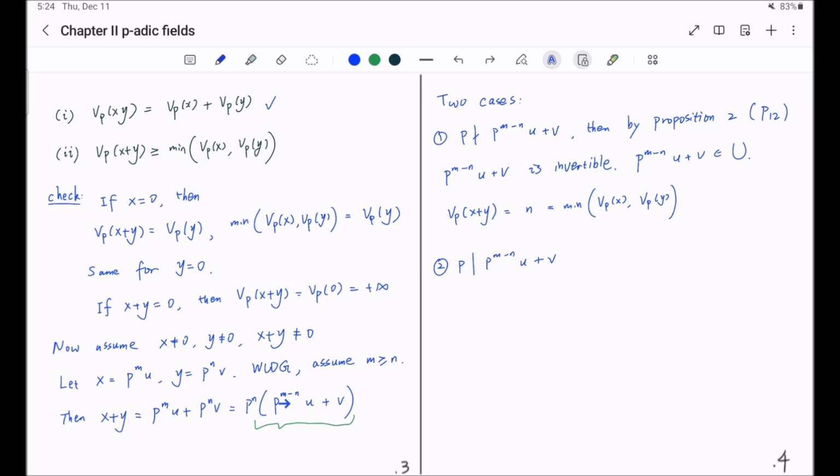In this case, this is not a p-adic factorization for x plus y.